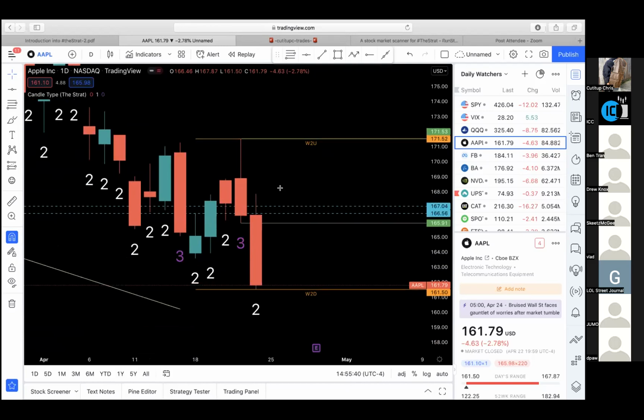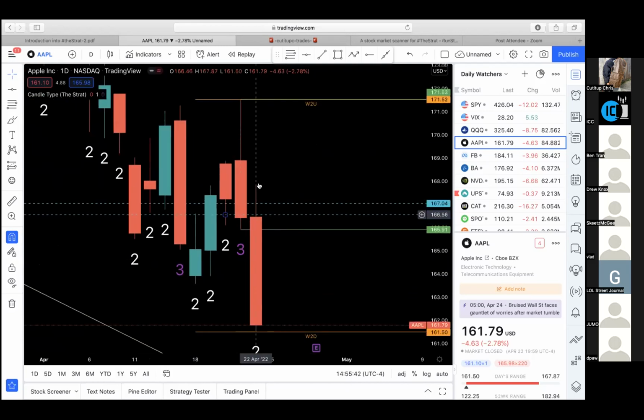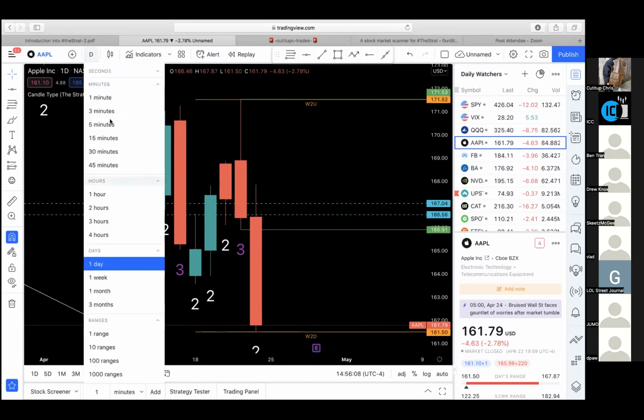In the morning, it busted up to 167.89, but we still never triggered a 2. It was still an inside bar. So I'm not even hopping in that. There's no direction. Now, if this had triggered a 2 up, then yeah, maybe I would have hopped in with the target being whatever. But we never triggered a 2, so we never would have taken that trade yet.